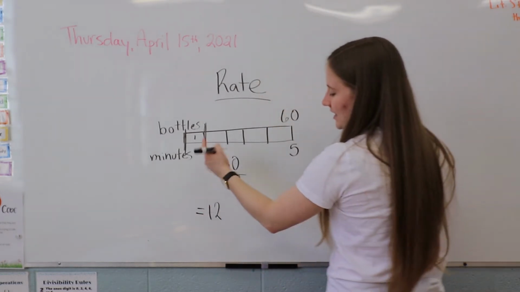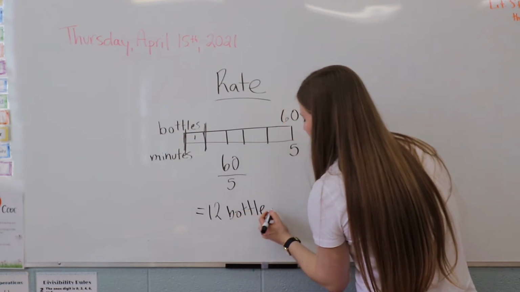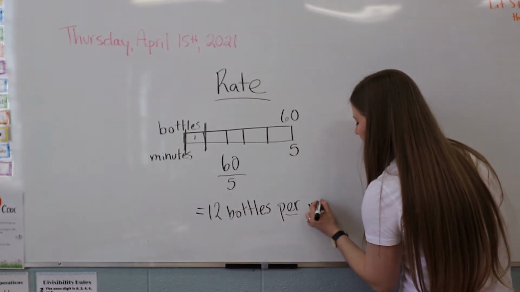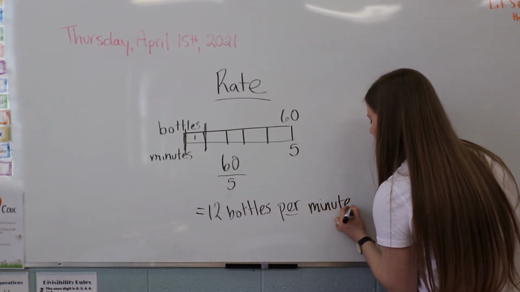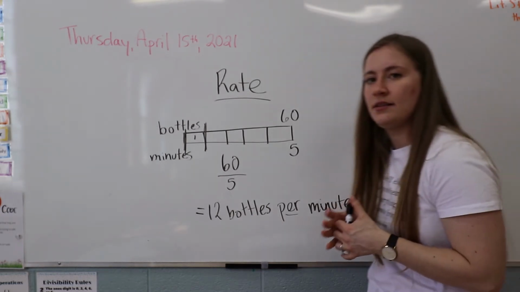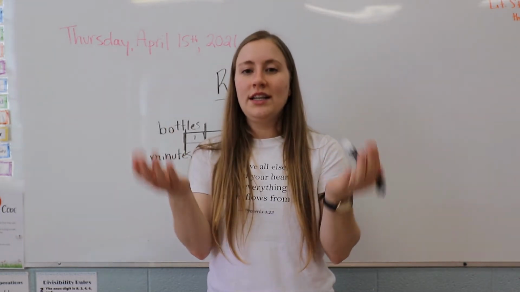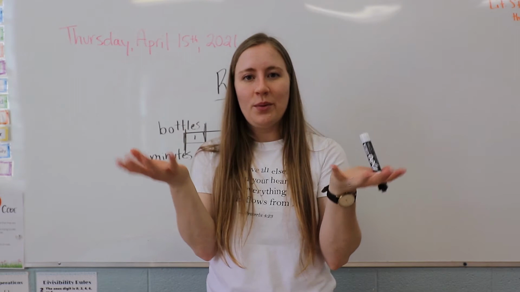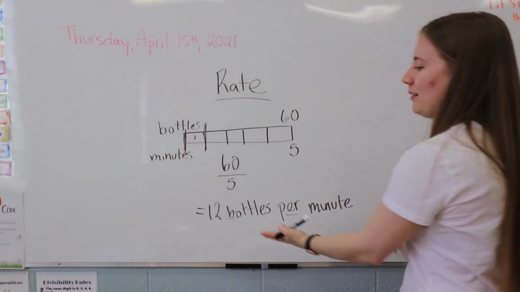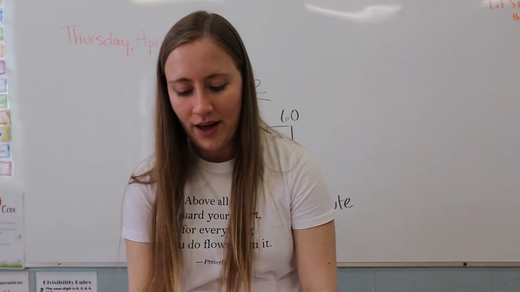But this time it's 12 bottles, and it's representing that the rate is 12 bottles per minute. All right, so we see how this works. We have 2 different quantities, 2 different things that we're putting in relationship to one another, and we're figuring out how much 1 is worth. Because 1 will be the rate, okay?